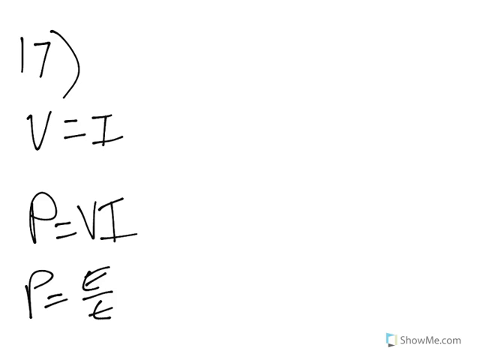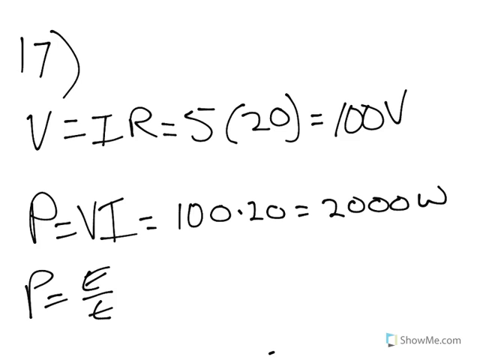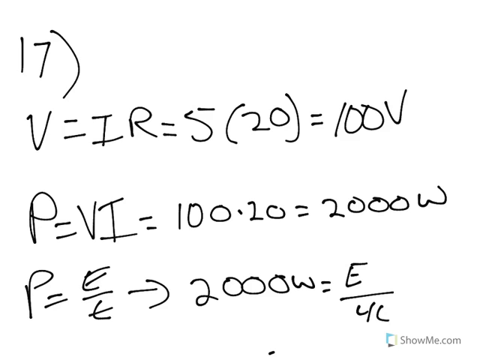Voltage is equal to current times resistance, so 5 times 20, which is 100 volts. So now I can do 100 times 20, which is 2,000 watts. Then 2,000 watts equals energy over 40 seconds.